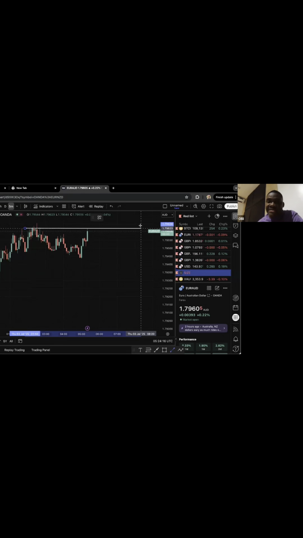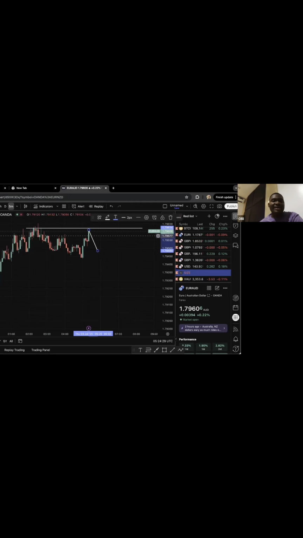Now, if the market is at an area of resistance, which is an area of supply, how would you know if you should take a sell here, since the market is getting to this particular area? And let's say the market also got to this area of demand or this support area. How would you know if you should take a buy?